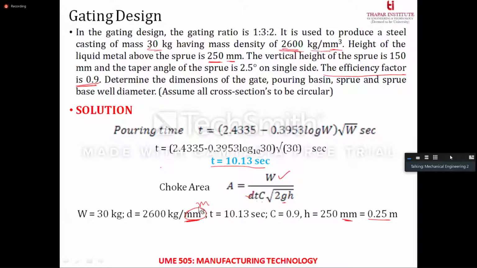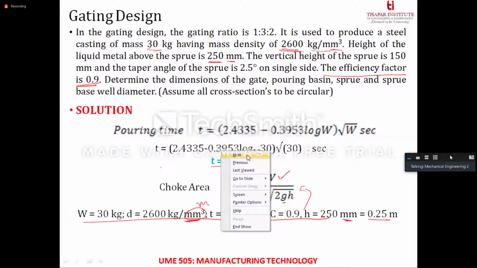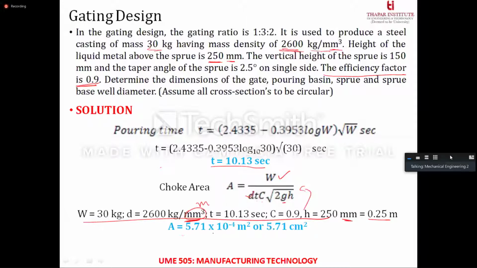What I have done is I have converted everything into meters, and once you substitute all these values into this equation, the answer that you will be getting is A is equal to 5.71 into 10 to the power minus 4 meter square. So the area of the choke is found out, and that area of the choke is equivalent to 5.71 centimeters square.